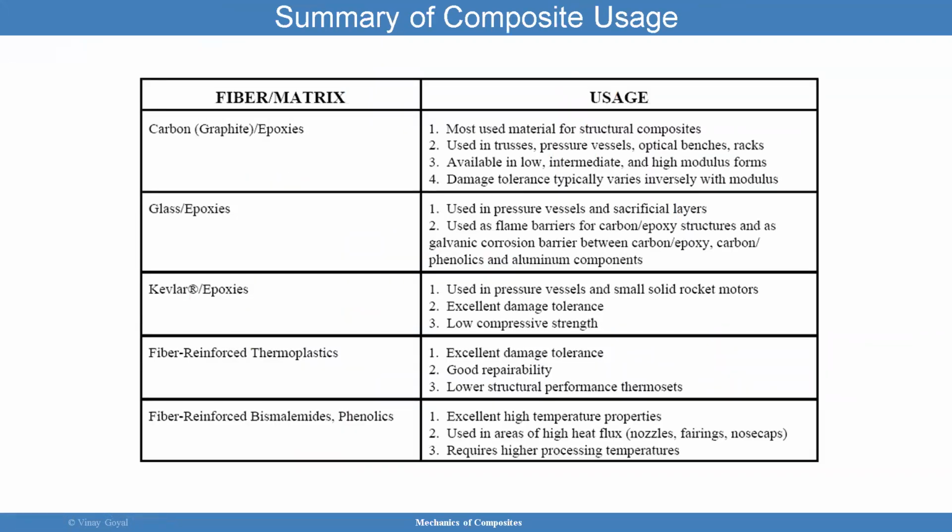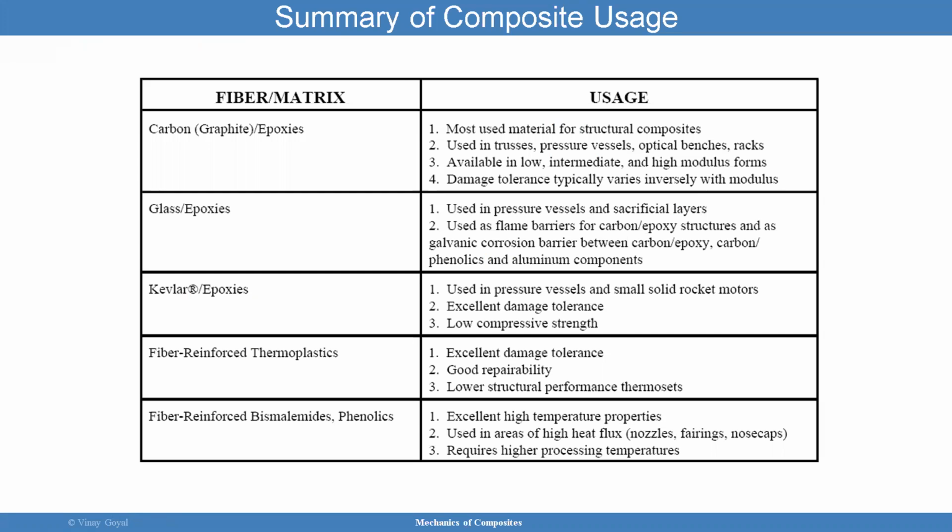Summary of composite usage. You have carbon epoxies used in a lot of structural applications, trusses, pressure vessels, optical benches, racks, used a lot in aerospace applications. Glass epoxies are used in pressure vessels or a sacrificial layer as a protective cover of some kind that's bonded onto the real composite.